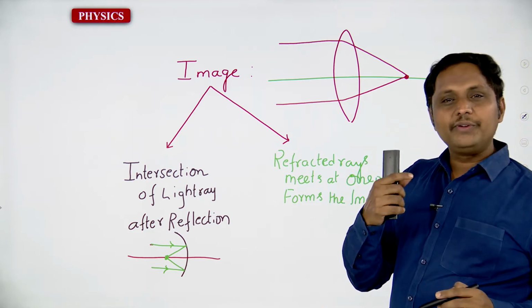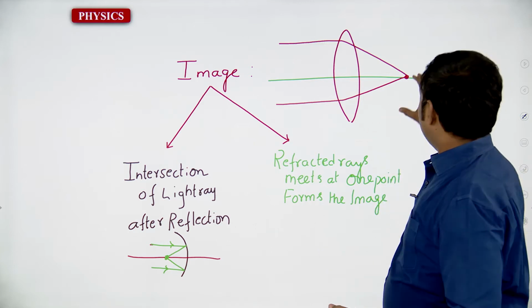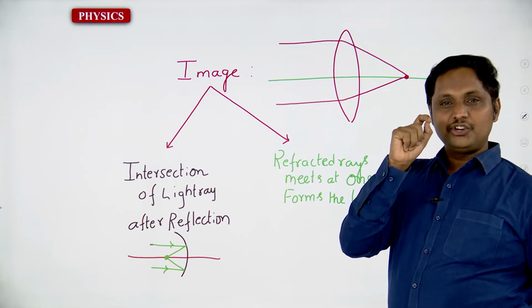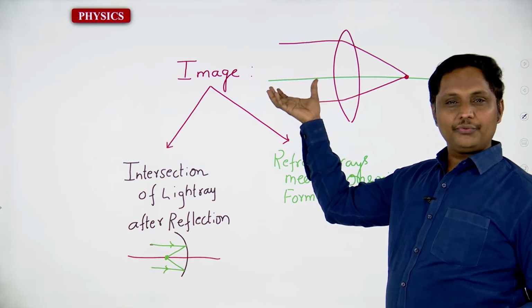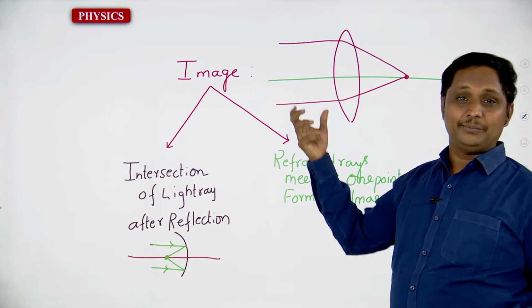Whether it is going to be a virtual or real image, how will you define that? You can define the location of the object and the location of the image. First, you have to take the position of the object. It defines the position of the image, where it has been placed.